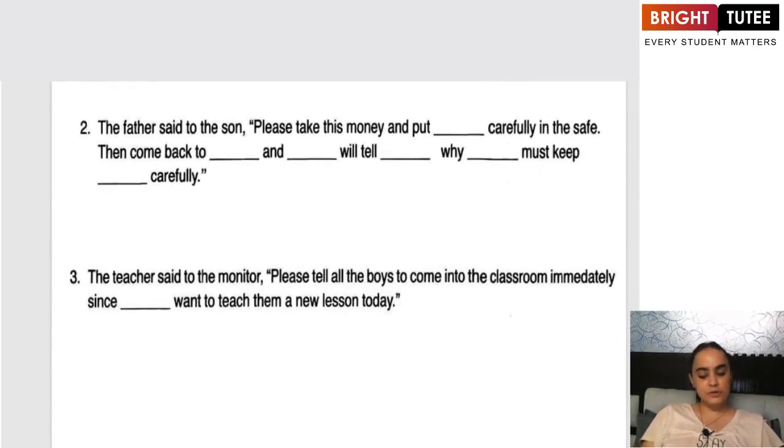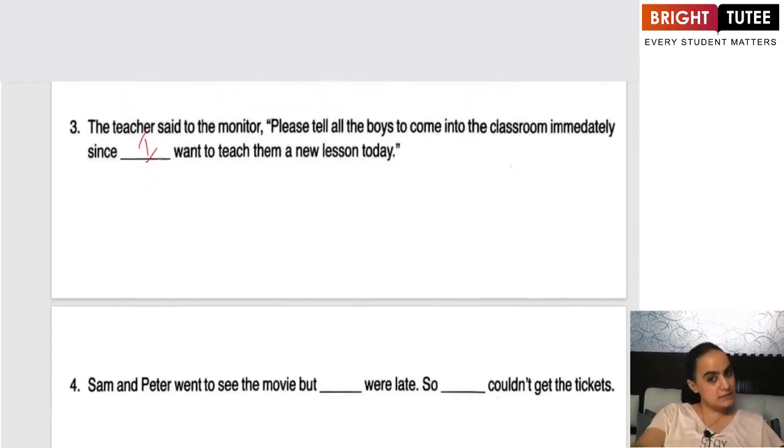The father said to the son, "Please take this money and put it carefully in the safe. Then come back to me and I will tell you why you must keep it careful." Okay, the next sentence. The teacher said to the monitor, "Please tell all the boys to come into the classroom immediately since I want to teach them a new lesson."